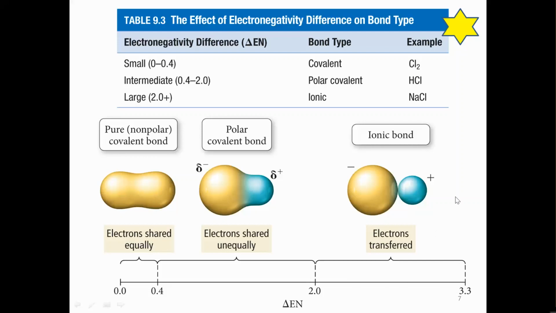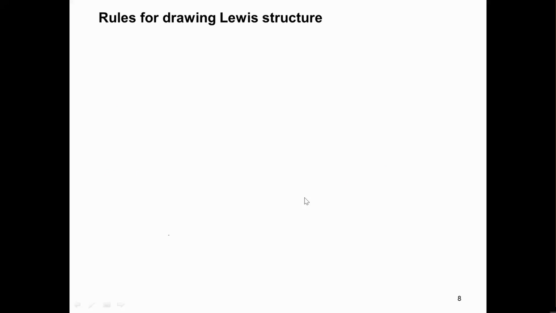We have an ionic bond, where electrons are transferred. And intermediate between the two is what's called a polar covalent bond, where electrons are shared unequally, such as the example that we see in HF, hydrofluoric acid. The fluorine part is the more electronegative, whereas the hydrogen part is the more electropositive.